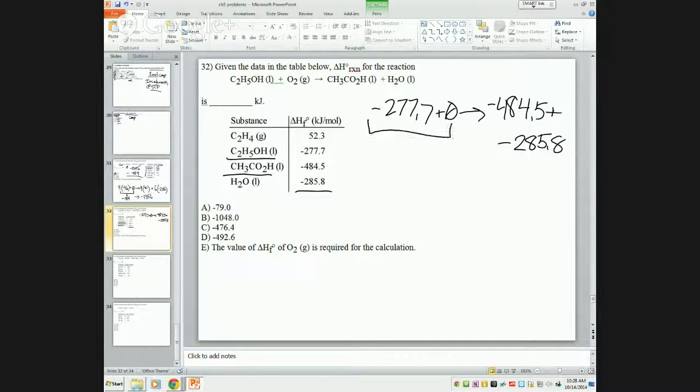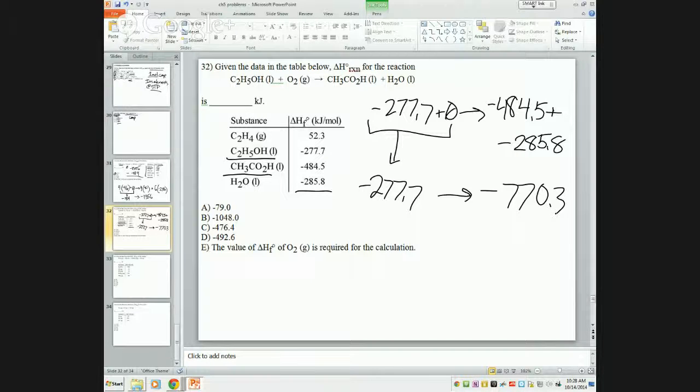So figure out what is the overall heat for the reactants, add those together, and it's still just negative 277.7. And it becomes, combine those numbers, and you get negative 770.3. So you go, all right, well, what's the overall change?